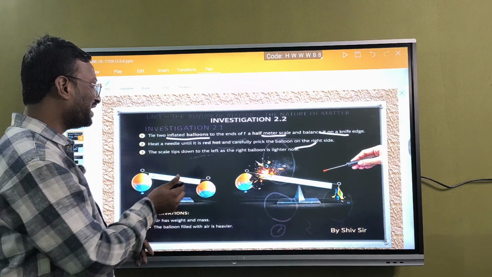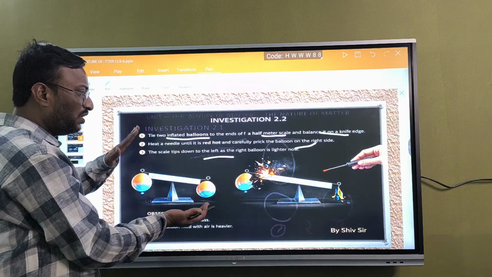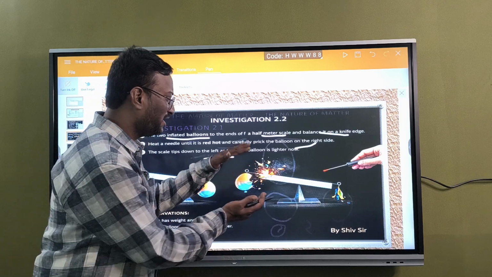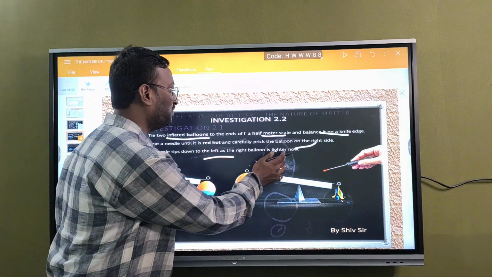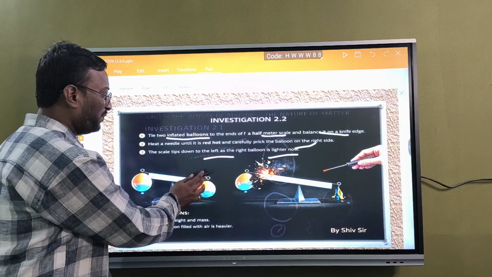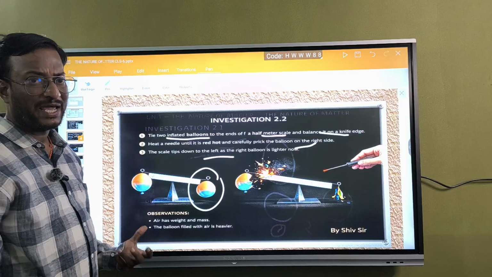What happens? The scale tips down to the left. It has burst and it will shift to the left side, as the right balloon is lighter now. ఇది పగిలిపోయి ఉంటుంది కాబట్టి ఎడం వైపుకి వంగిపోతుంది. దీని నుంచి మనకి ఏం అబ్జర్వ్ చేయొచ్చు?